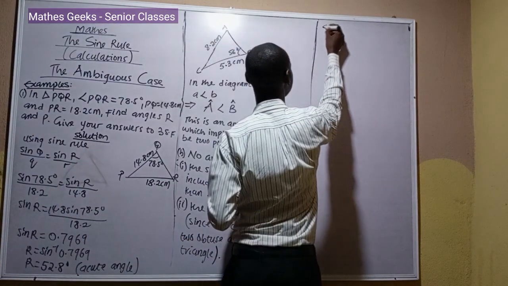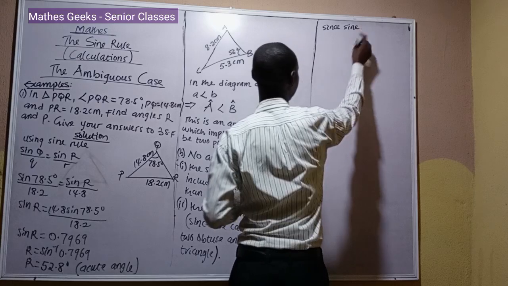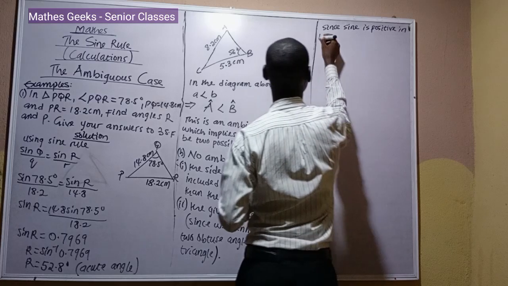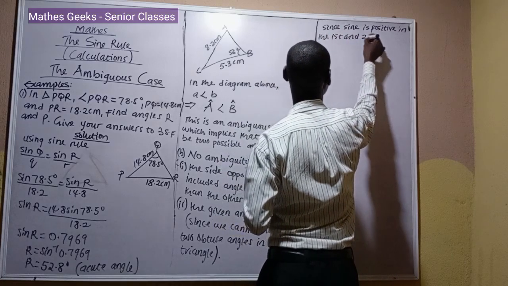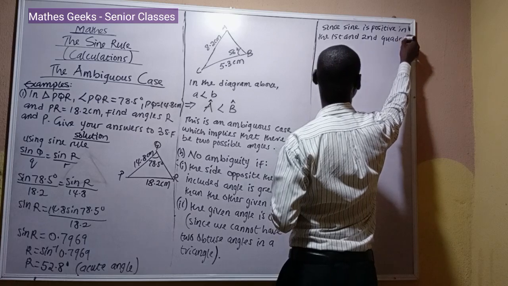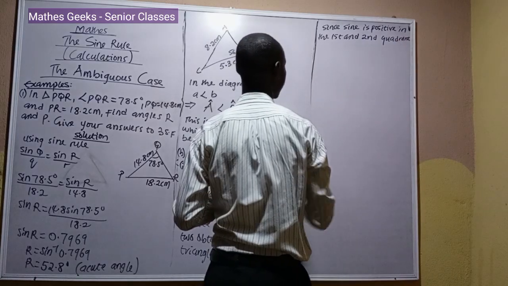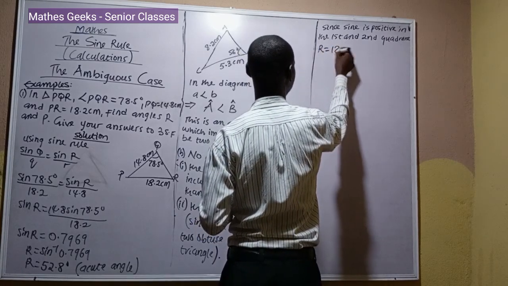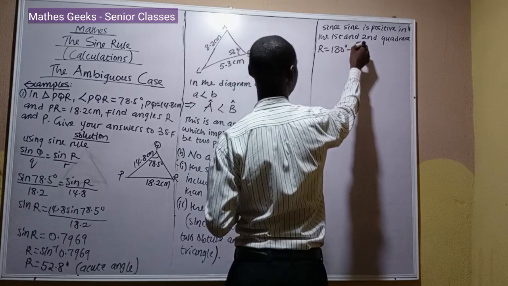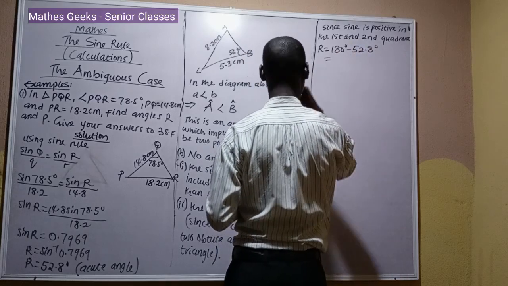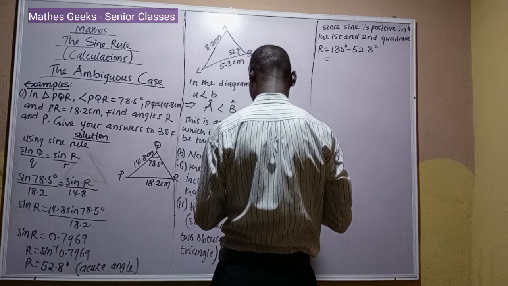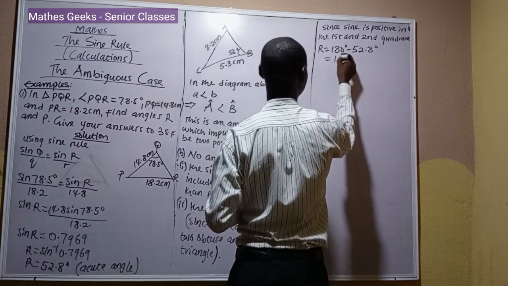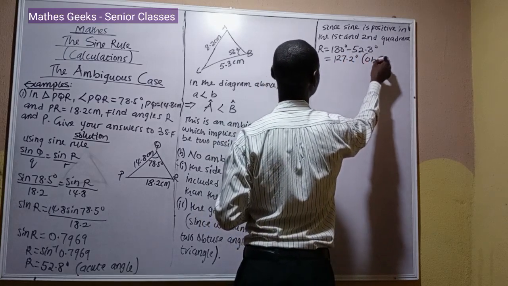So we'll come here, since sine is positive in the first and second quadrant, it implies that r can also be 180 degrees minus the acute angle 52.8 degrees. 180 minus 52.8, 127.2 degrees is the obtuse.